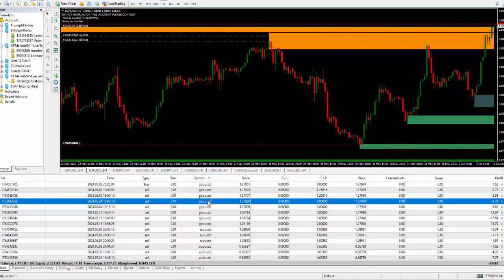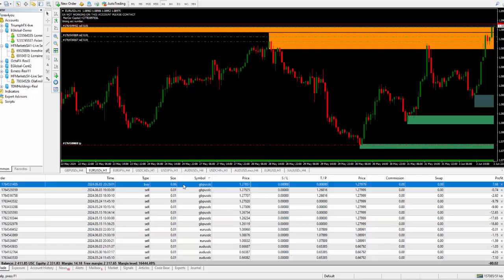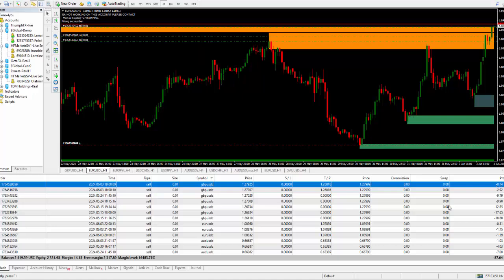So this now is 1, 2, 3, 4, 5, which is expert 1, 1, expert 1, 2, expert 1, 3, expert 1, 4, expert 1, 5, and this. So now we have 5 sell, we must have 5 buy. So what we're going to do here is close this entirely.